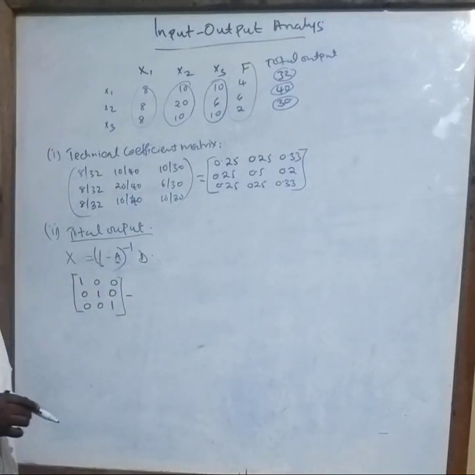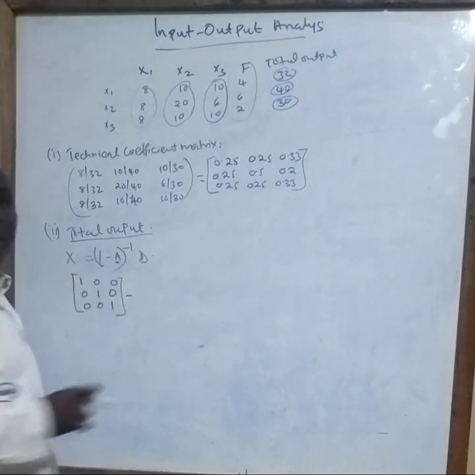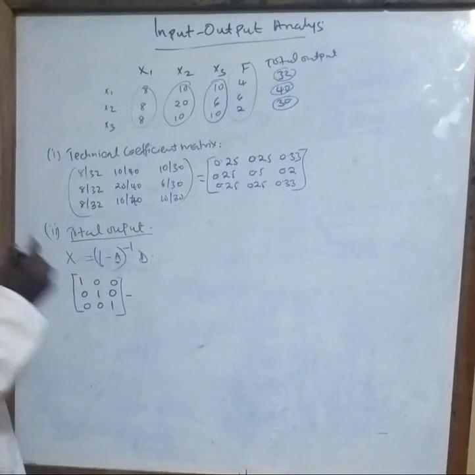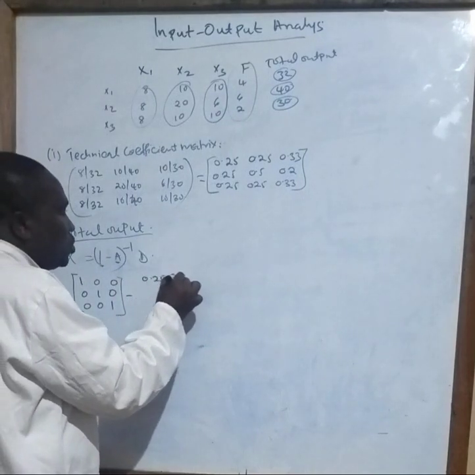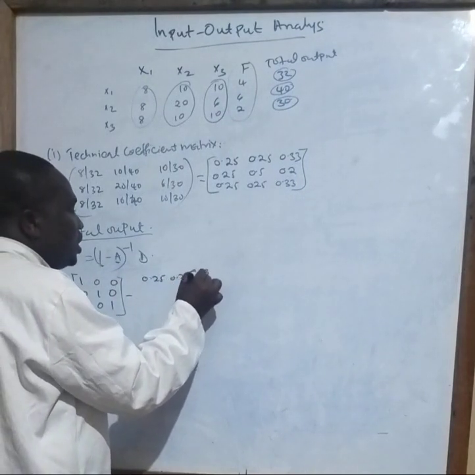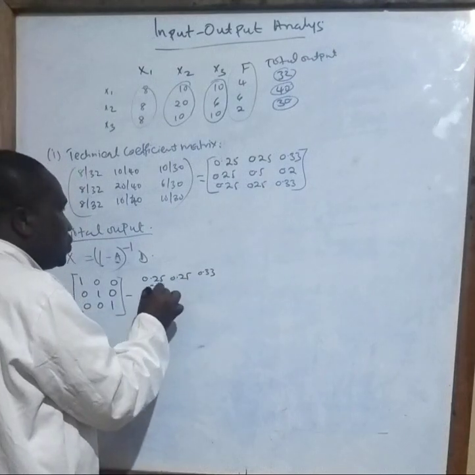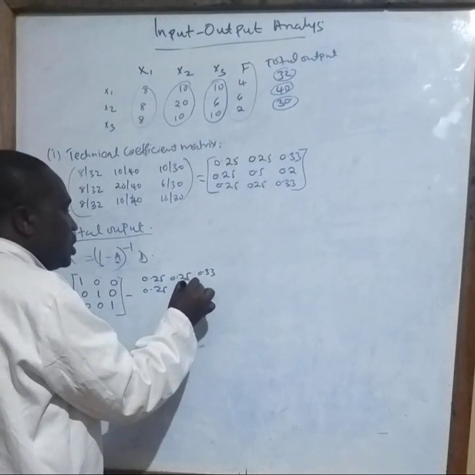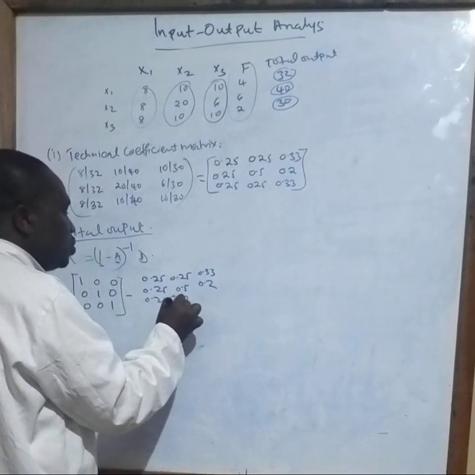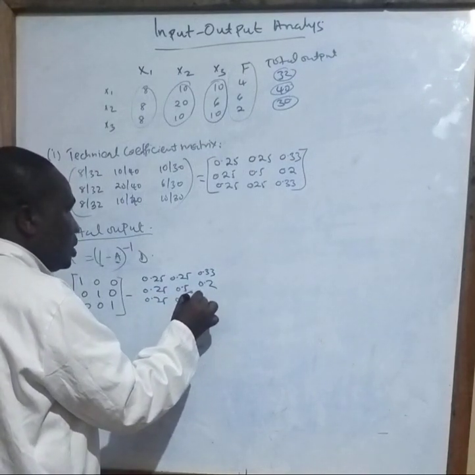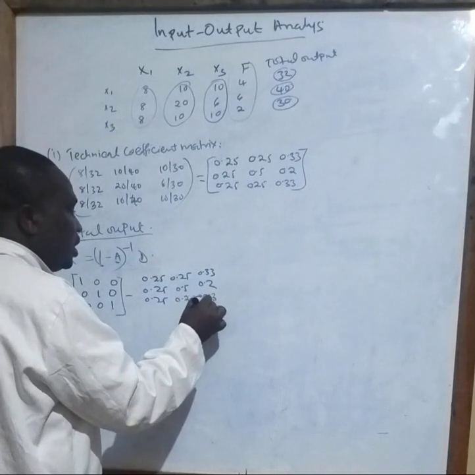What is that A? A is the Leontief matrix that you have just developed up here. So you minus 0.25, 0.33, then 0.25, 0.5, 0.2, then 0.25, 0.25, and 0.33.